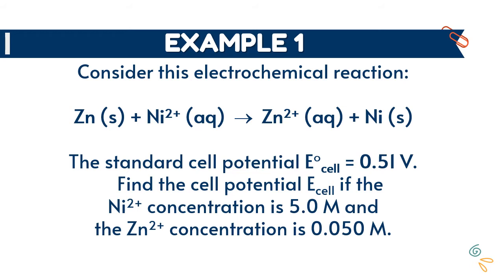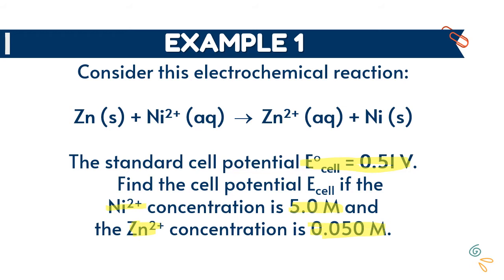As you can see over here, the question already gives you the value of the E0 cell, so you don't have to find it. It's already given. And the reaction does not occur at standard condition. Why? Because the concentration of Ni is 5 molar and the concentration of zinc is 0.05 molar. If it's at standard condition, it must be 1 molar.